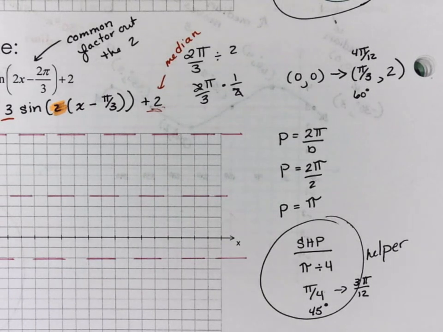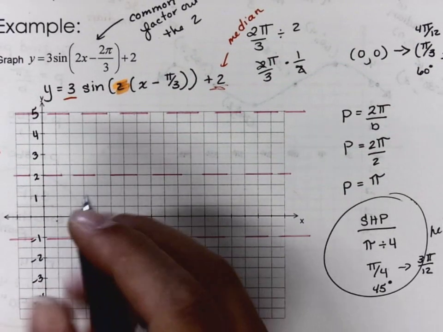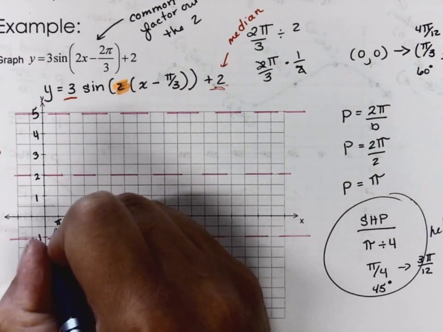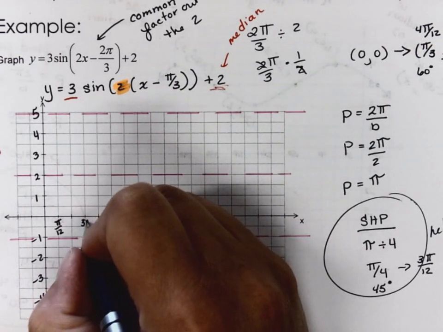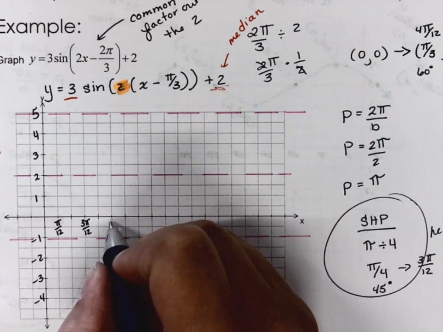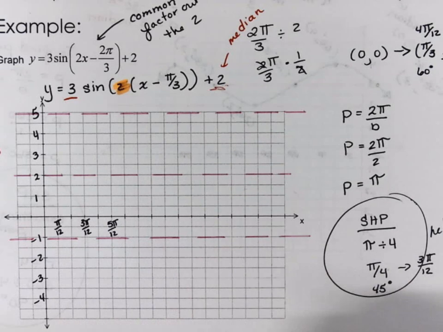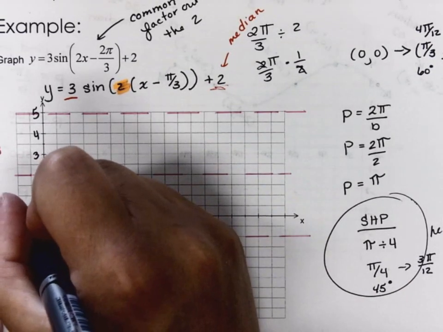If you want to think about it in degrees, but if I make every one of these ticks a pi over 12, so that would be 2 pi over 12, 3 pi over 12, 4 pi over 12, 5 pi over 12. You're just counting, right? Like you're just counting. Easy peasy.